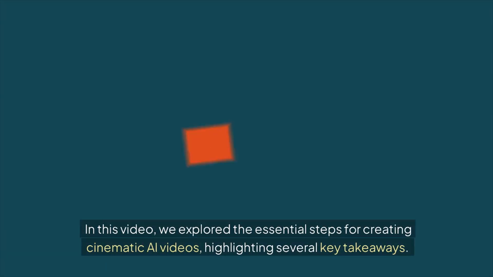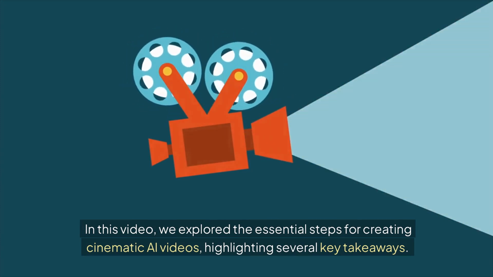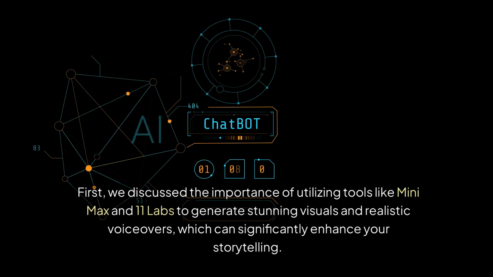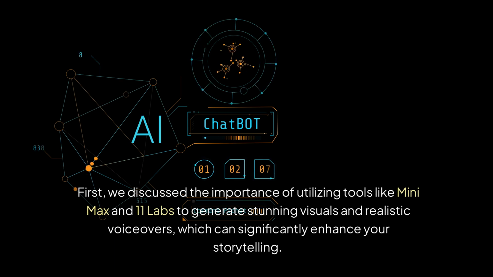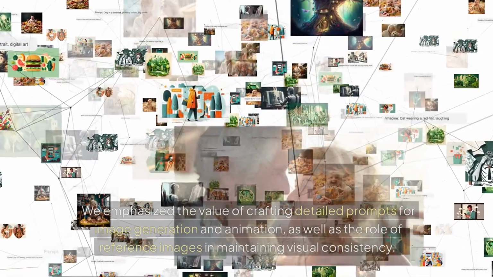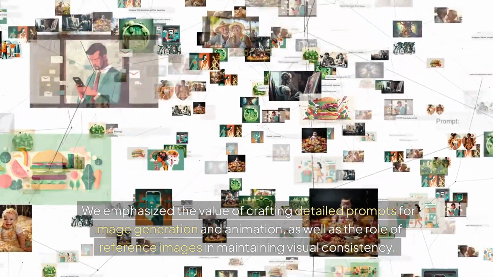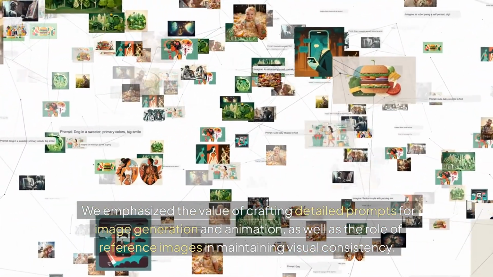In this video, we explored the essential steps for creating cinematic AI videos, highlighting several key takeaways. First, we discussed the importance of utilizing tools like Minimax and 11 Labs to generate stunning visuals and realistic voiceovers, which can significantly enhance your storytelling. We emphasized the value of crafting detailed prompts for image generation and animation, as well as the role of reference images in maintaining visual consistency.